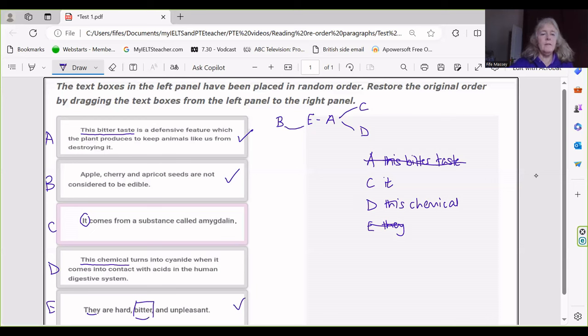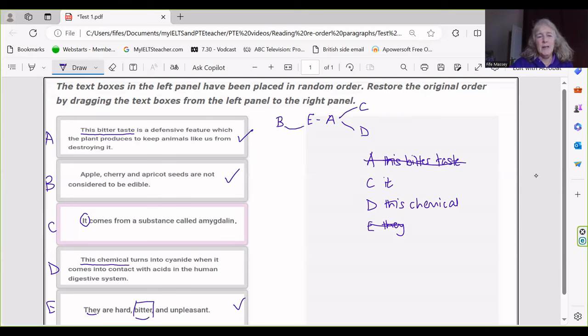A, this bitter taste is a defensive feature which the plant produces to keep animals like us from destroying it. It comes from a substance called amygdalin. Okay, AC, I like that connection. Let's try AD instead. This bitter taste is a defensive feature which the plant produces to keep animals like us from destroying it. This chemical turns into cyanide when it comes into contact with acids in the human digestive system.